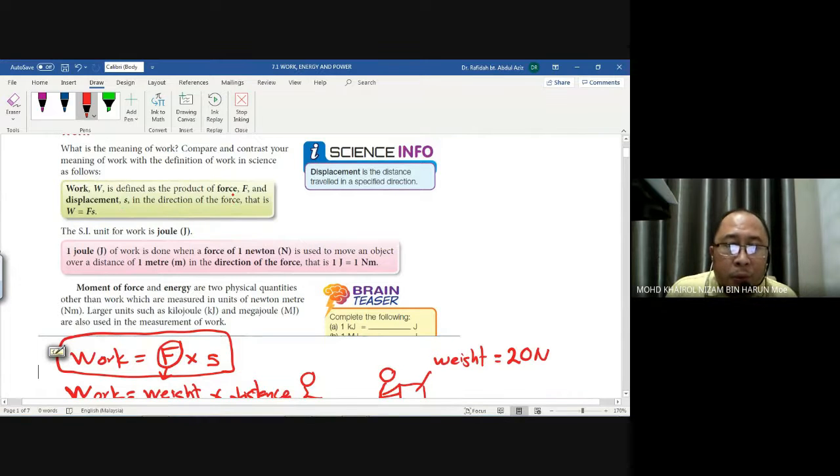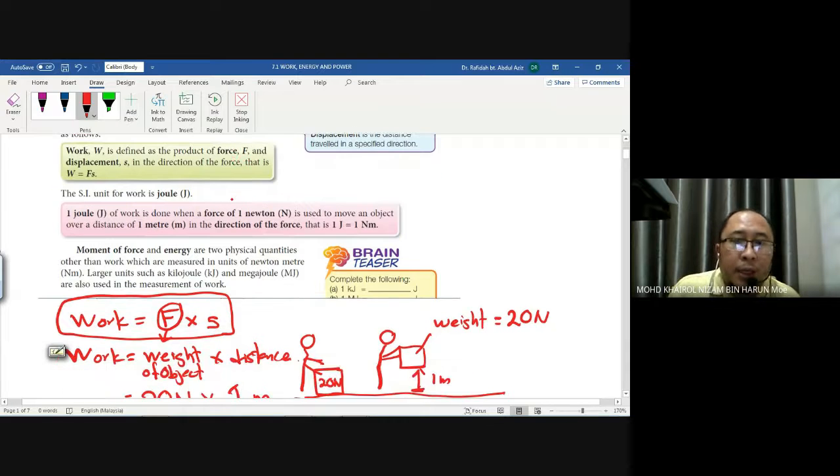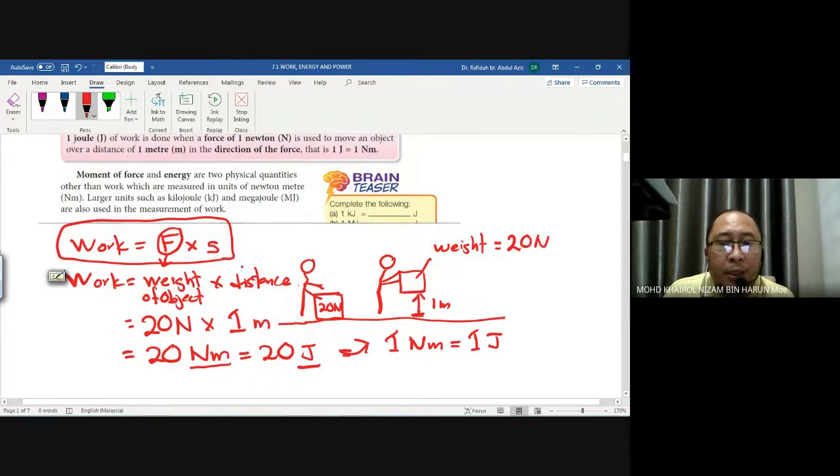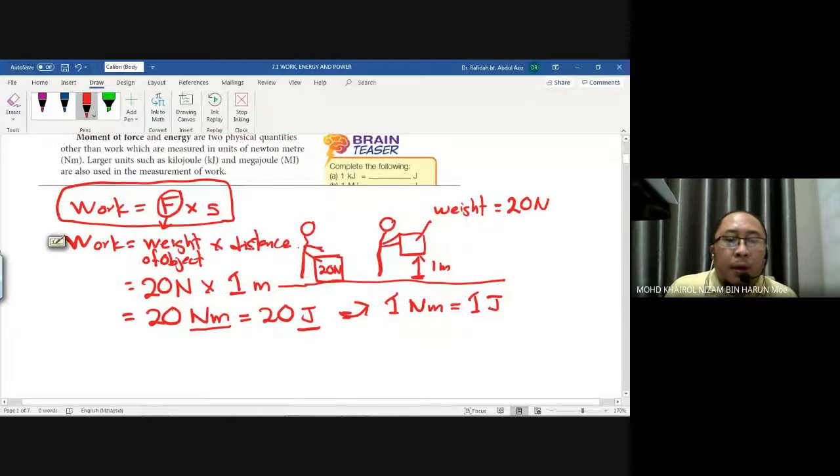But how to find the value of force? It will depend on the situation. For this first example, you can see the force is exactly the weight of an object.